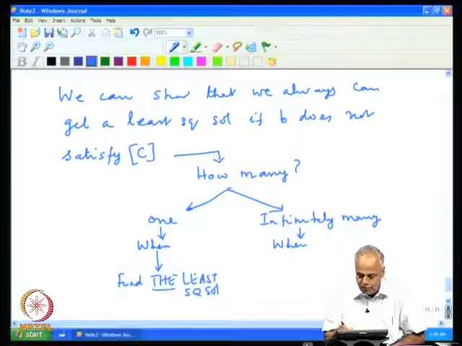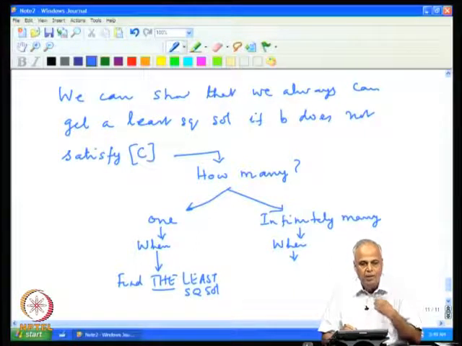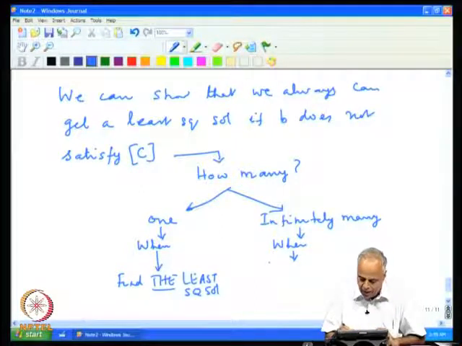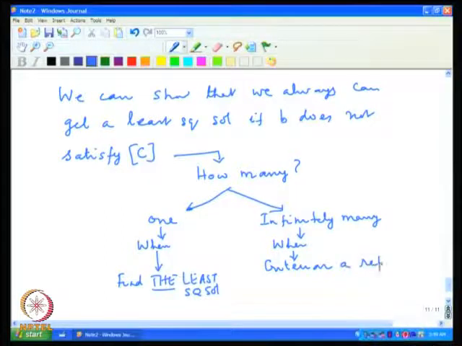Remember that in the case of infinitely many solutions, when B satisfied C, we said we want a criterion for choosing a representative. Again, here we would ask for a criterion for choosing a representative, because we have a problem of plenty: too many least square solutions, and eventually we have to pick one.